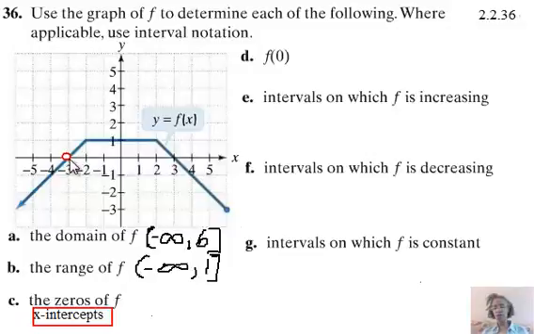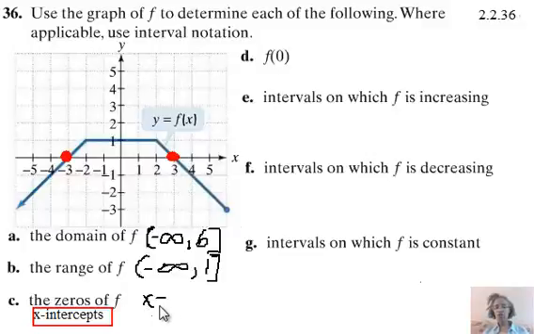It's a point of the graph that touches the x-axis. And I'll kind of highlight those points here. Kind of exaggerate them a little bit. So these are my x-intercepts. And I see that x equal to -3 and x equal to 3.